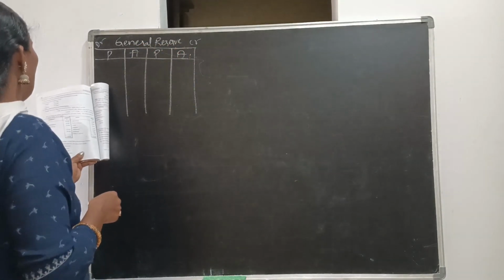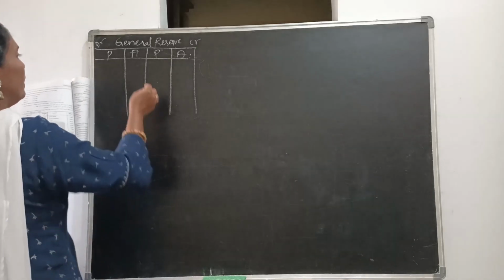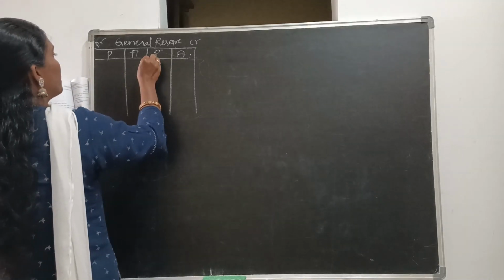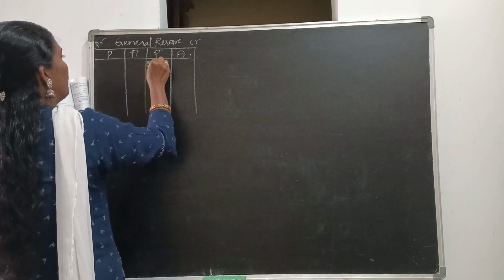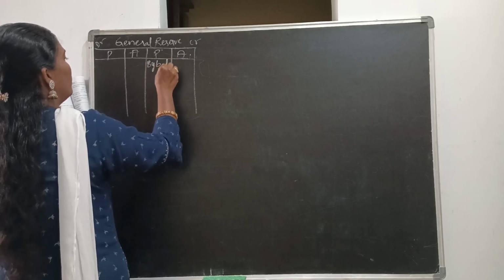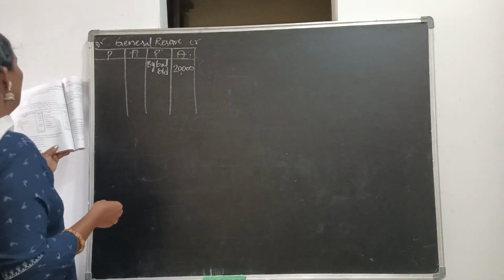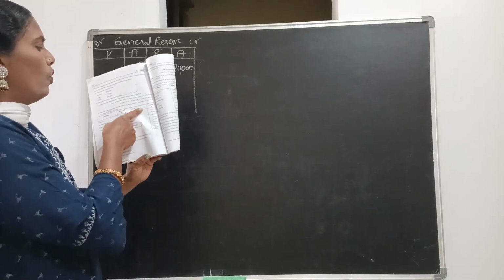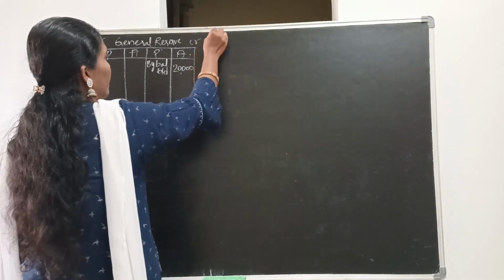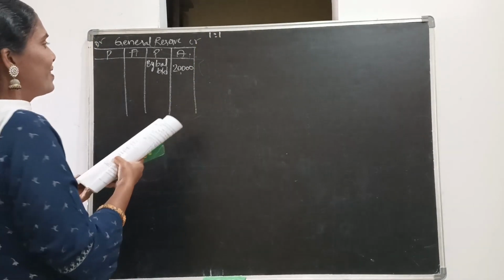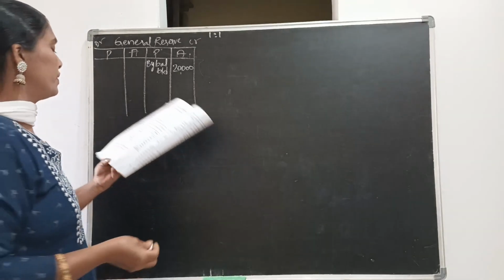What is the value of general reserve? 20,000, so post it on the credit side: by balance brought down, 20,000. Here the old partners share profit and loss in the ratio 1:1, equally, 50-50%.